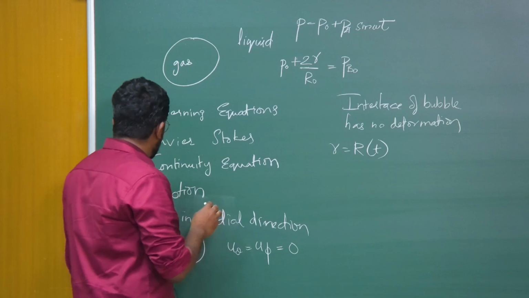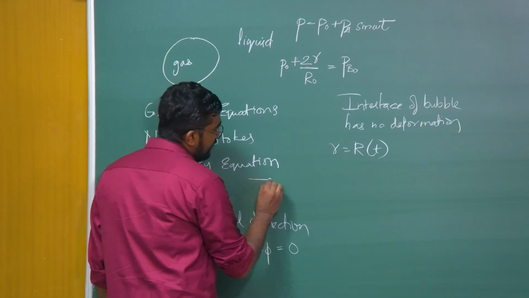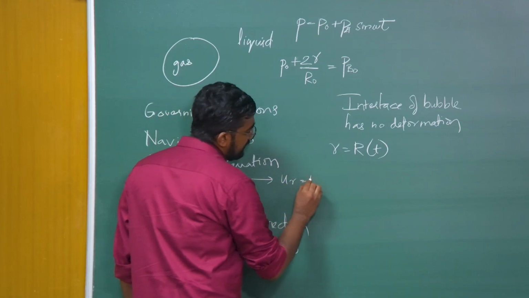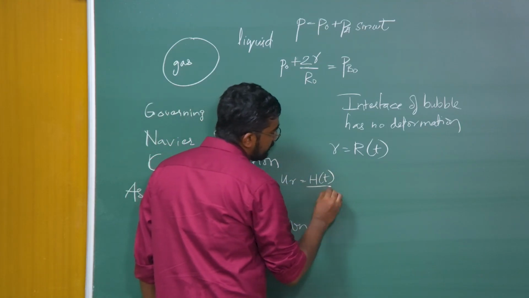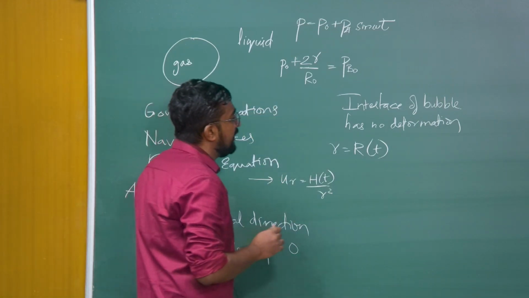So in the last class we used the continuity equation to find that UR is given as h of t by r square.